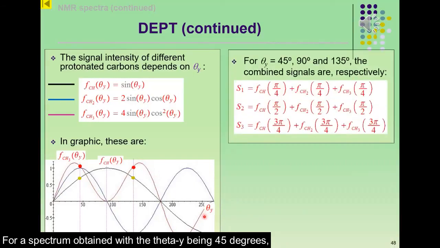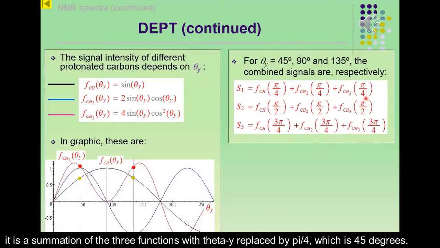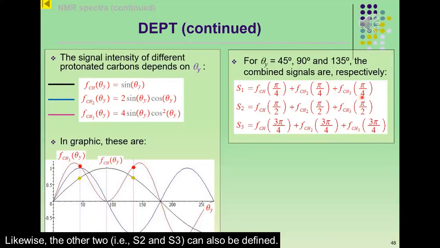For a spectrum obtained with theta Y being 45 degrees, it is a summation of the three functions with theta Y replaced by pi over 4, which is 45 degrees. And likewise, the other two can also be defined.